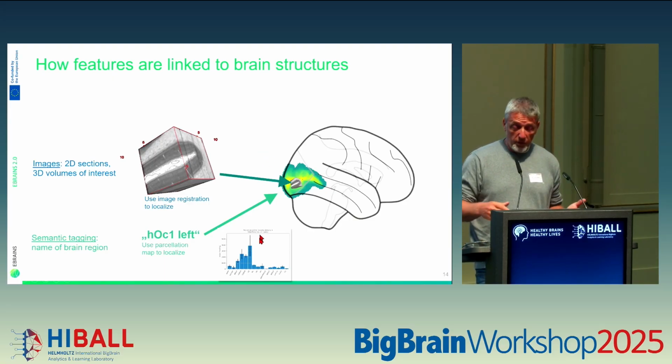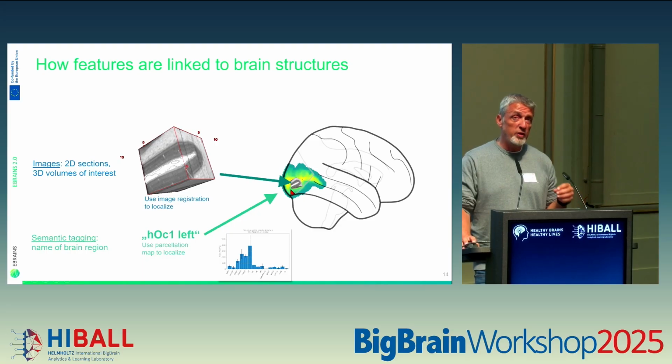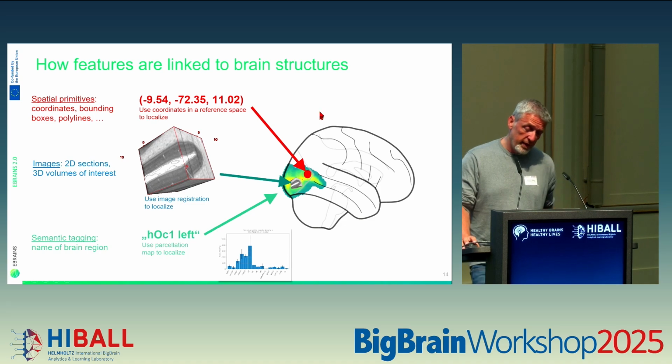And this is, of course, the easiest way, because it does not give you really precise regional information about the coordinate space, but at least you know it belongs to area HOC1. So there are different levels of anchoring your features inside the reference space.